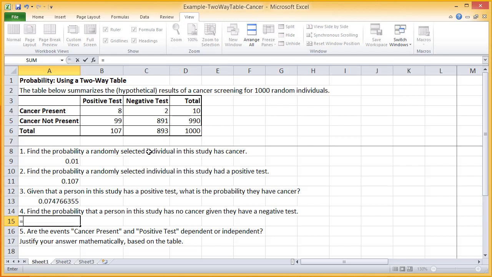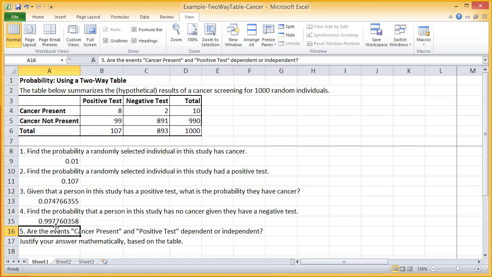So I'm going to type 891 divided by 893, 0.9977. So this is more than 99%. The probability that a person has no cancer given that they have a negative test is very high. It's very unlikely that someone who gets a negative test will actually end up having cancer.